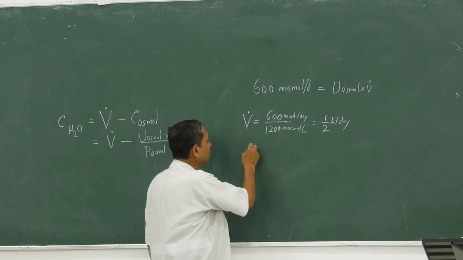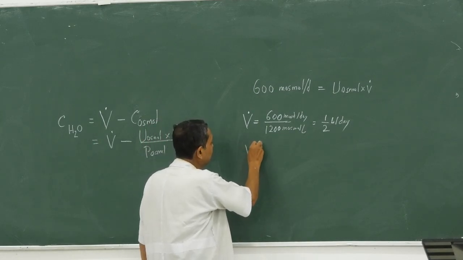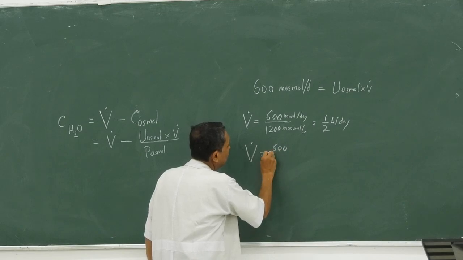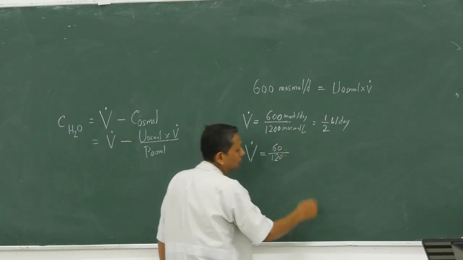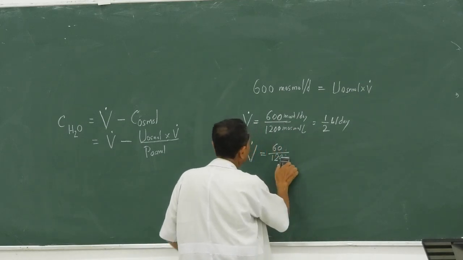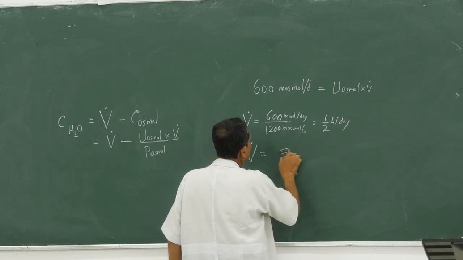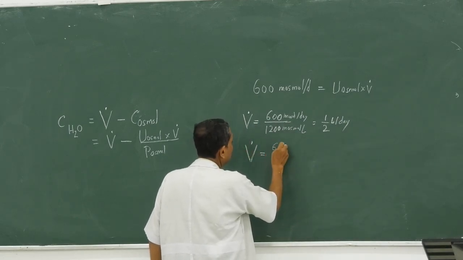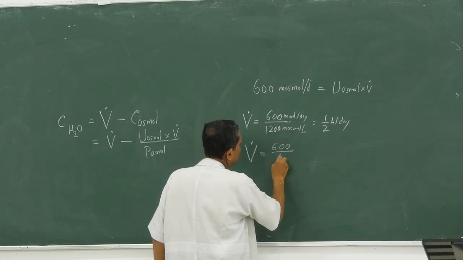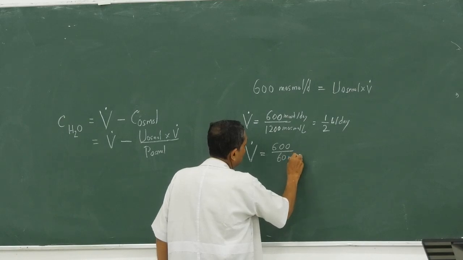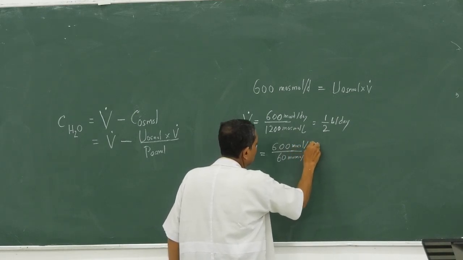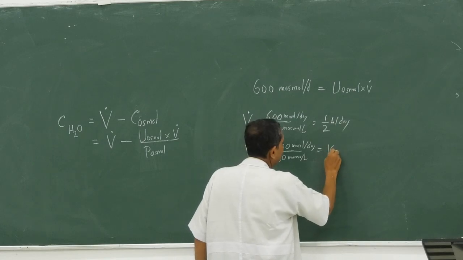And when it is maximally dilute, at 60 milliosmol per liter, then V is equal to 600 divided by 60, which is 10 liter per day.